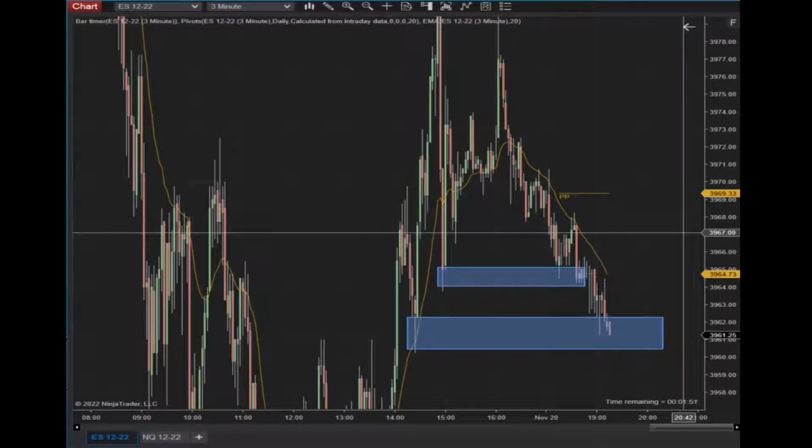So if it goes against you 1 tick, that's $12.50, it's going to take that margin immediately under $500, and they're going to do what's called a margin call and liquidate you out of that position automatically. And that is going to cost you money.